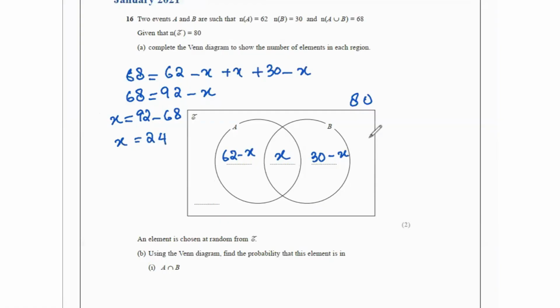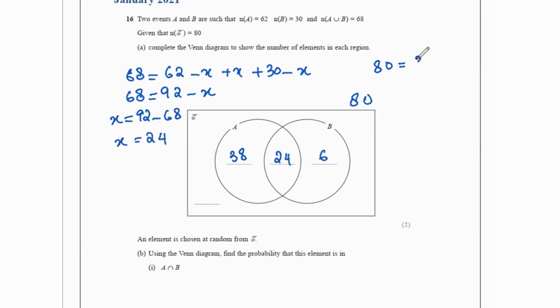We can easily find the elements that are outside. For that, we're going to do 62 minus 24, which is going to be 38. Let's write this first: 24 over here and 6 over here.